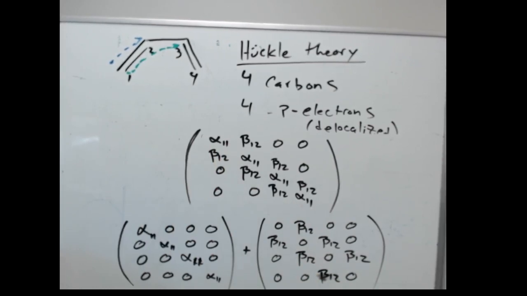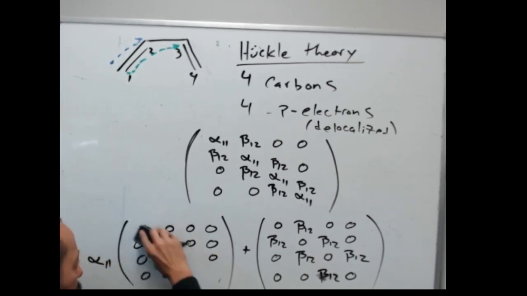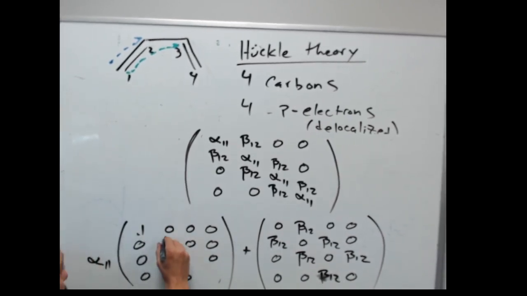And then they do an extra step of simplification. They say, okay, in this one, you just factor out the alpha 1,1 from everything, and you just get 1s along the diagonal. It's already a diagonal matrix. That part's already diagonalized. We don't have to do anything to that. That essentially defines the average energy that this thing is going to adjust.